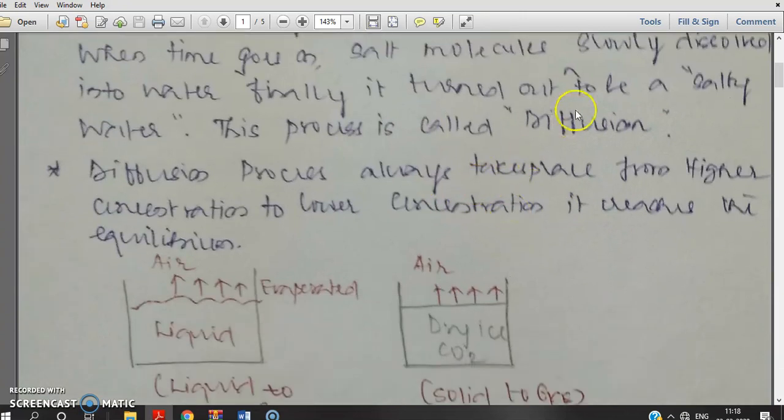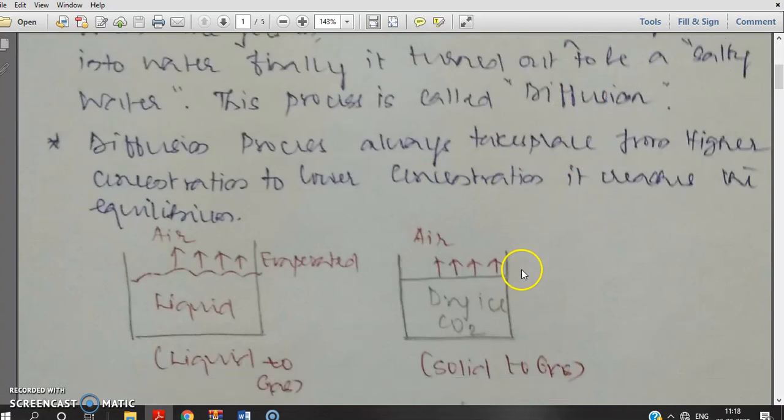The diffusion process always takes place from the higher concentration side to the lower concentration side till it reaches equilibrium. That is very important. As we have seen in heat transfer, heat flows from a body at high temperature to a body at low temperature. As long as there is a temperature difference between the two bodies, heat transfer takes place, and it stops when it reaches equilibrium.